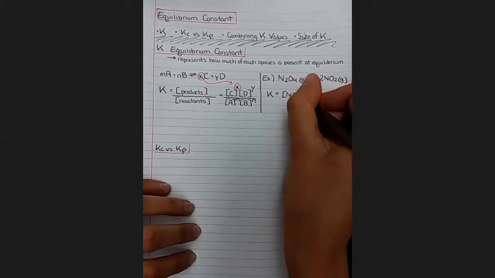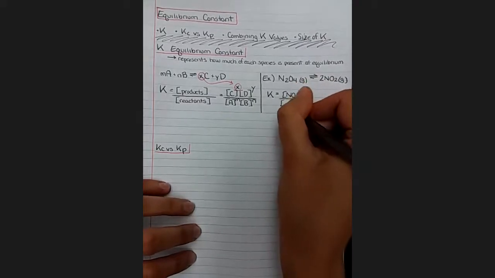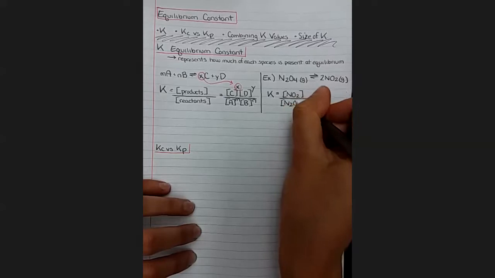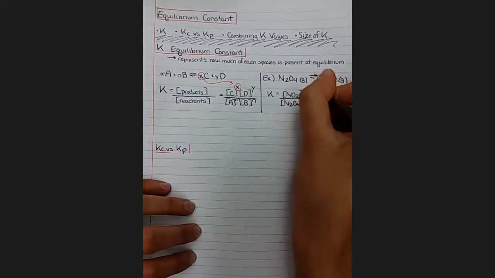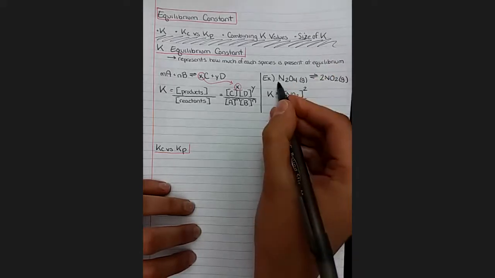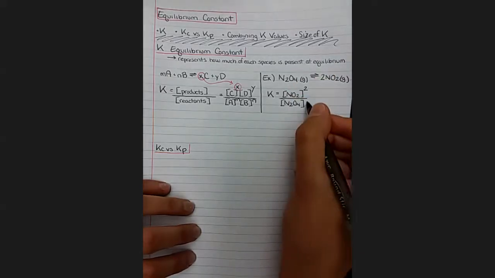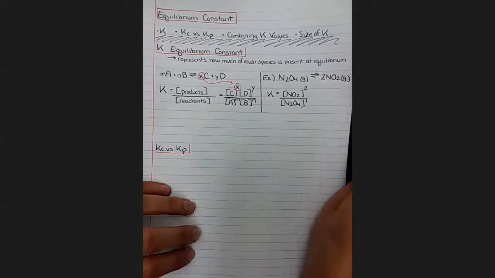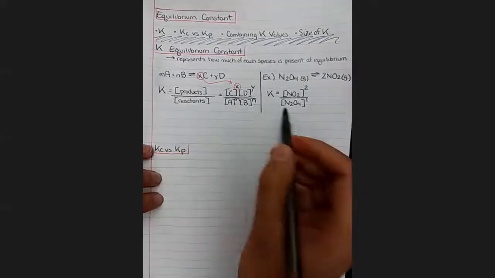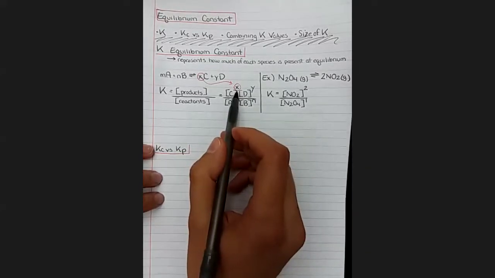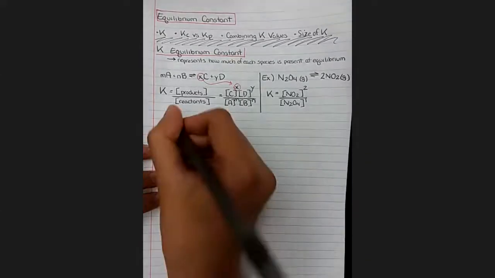So NO2 is our product, N2O4 is our reactant, and then we'll go back and add in our superscripts, 2 for NO2 and just 1 for N2O4. So you can write 1 or you can just leave it blank. Either is fine. Okay, so this is pretty straightforward except for remembering to do the superscripts, but we'll practice.